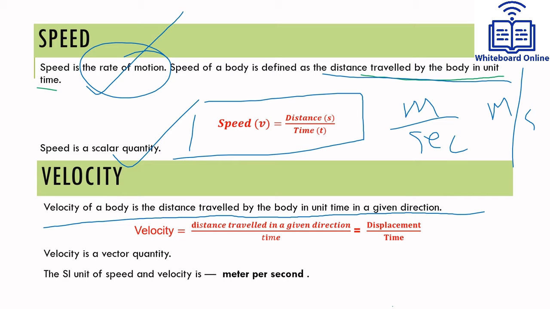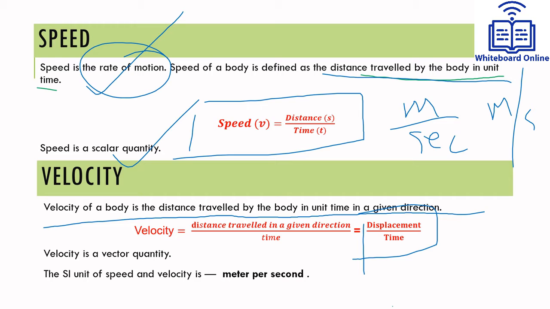Now what else can I say about velocity? See, velocity can also be defined as displacement per unit time. Displacement already contains direction. So we can say velocity of a body is defined as displacement per unit time. Displacement is already a vector quantity, having magnitude as well as direction. Therefore, velocity is displacement per unit time.